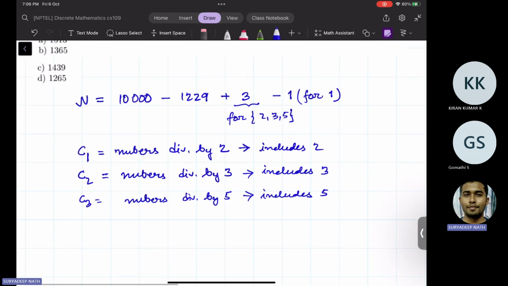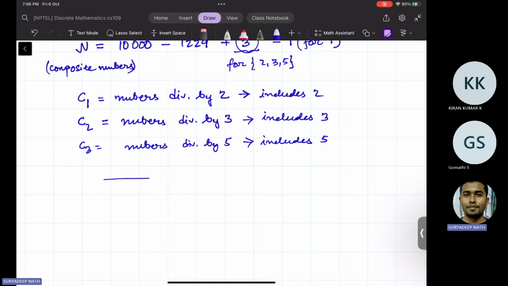This is why we are adding these three prime numbers into the set of composite numbers, because we'll have to remove C1, C2, C3 from it.